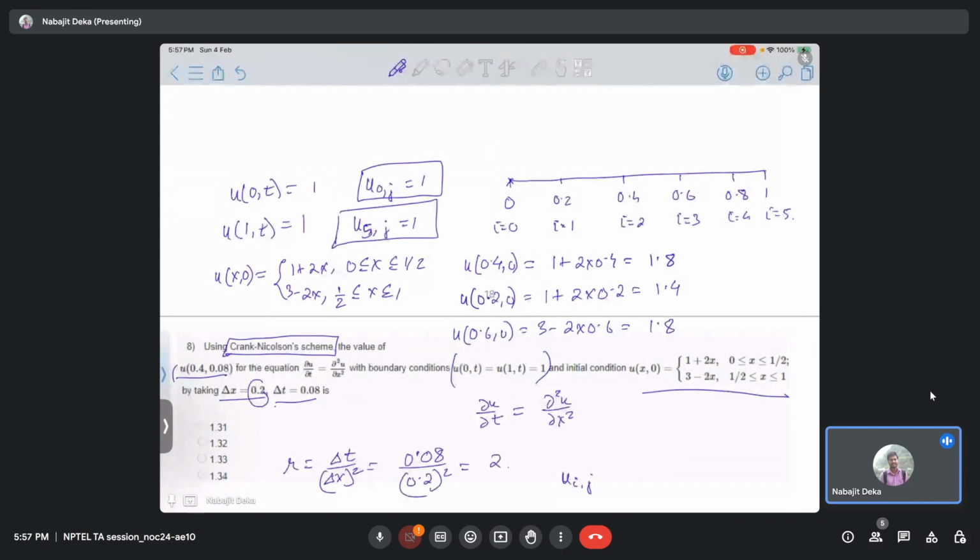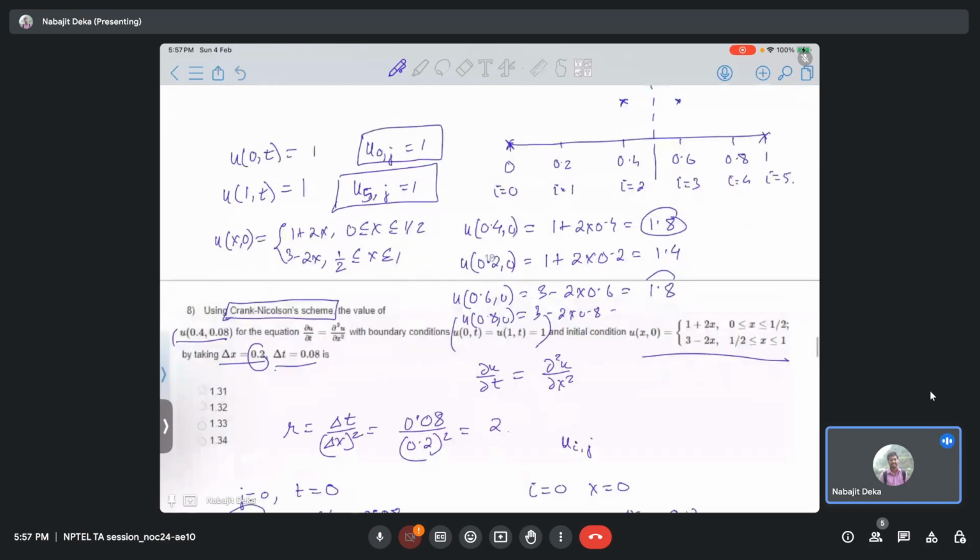So we see that these two values are equal. Again, if we check 0.8 comma 0, that will be 3 minus 2 into 0.8, which is 1.4, and these two values are equal.